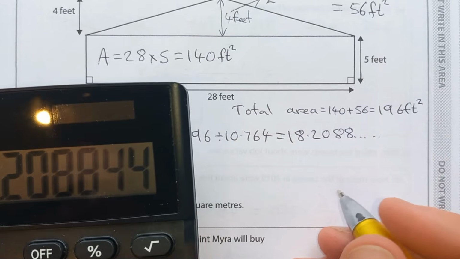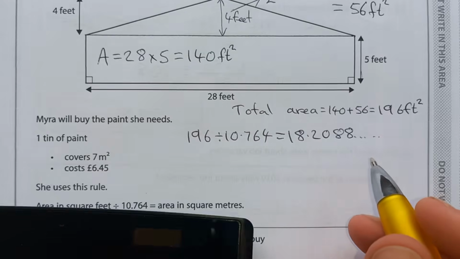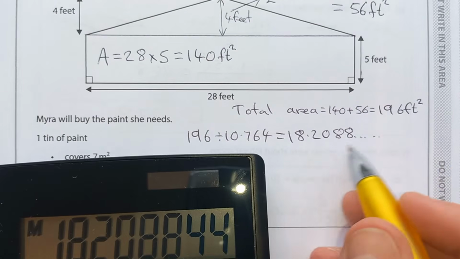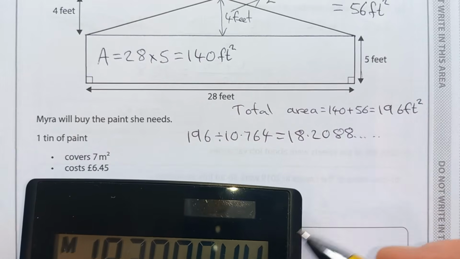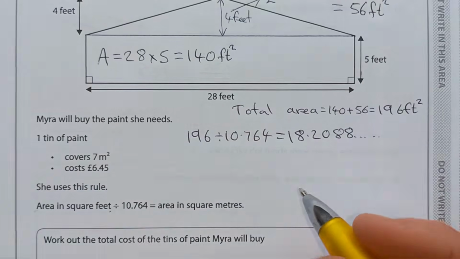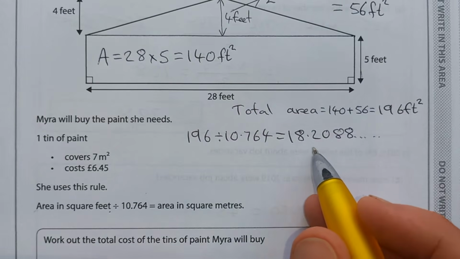Okay, now we've got lots of decimal places there, so I'm going to keep it in my calculator. I've rounded it just to write it on here, but I'm still keeping them all in my calculator. Okay, I don't want to lose any accuracy. So that's the area in meters.